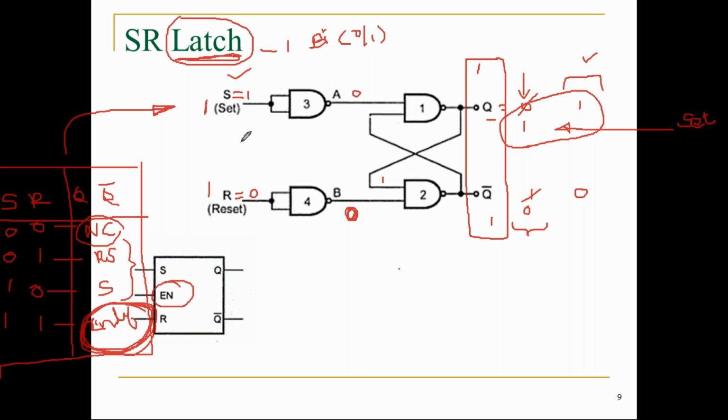If my input is S equal to 0 and R equal to 1, it resets the output to 0, whatever the previous state. Reset means it makes Q equal to 0. Then if my input is 1 0, it sets the value to 1. My Q equal to 1, automatically Q bar equal to 0.